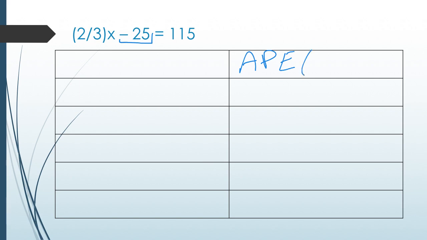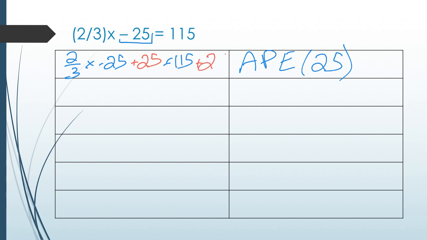Add 25. So when I do that, I get 2/3 of x minus 25 plus 25 equals 115 plus 25.